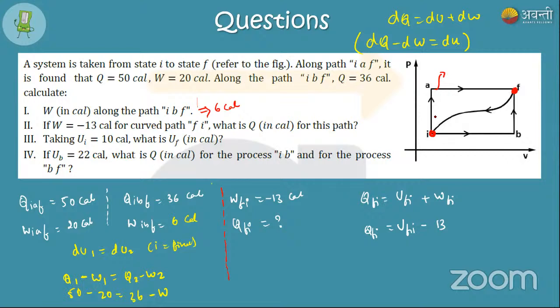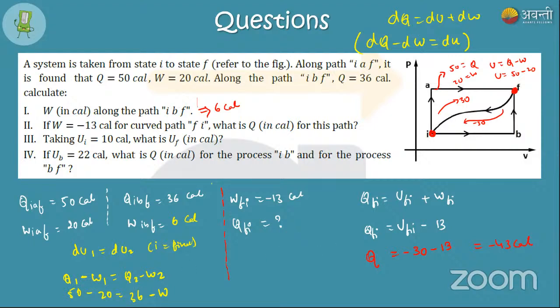From I to F, heat is given as 50 and work done is given as 20, so U becomes Q minus W: 50 minus 20, so the change in internal energy from I to F is 30. If you go from I to F, it increases by 30, and if you come from F to I, it decreases by 30. So U of FI is minus 30 and W of FI is minus 13. So the total heat becomes minus 43 calories.